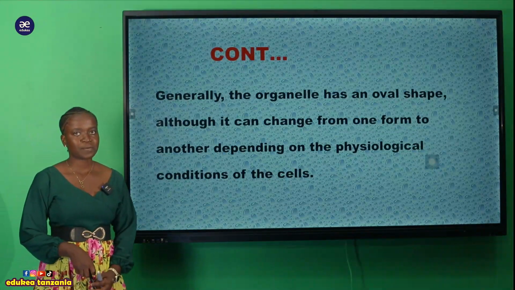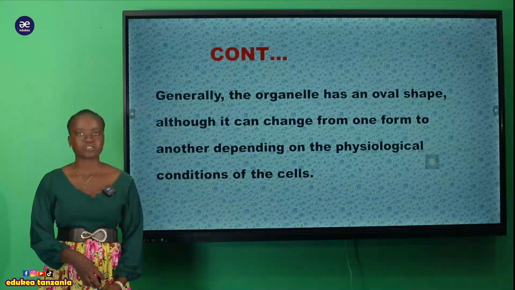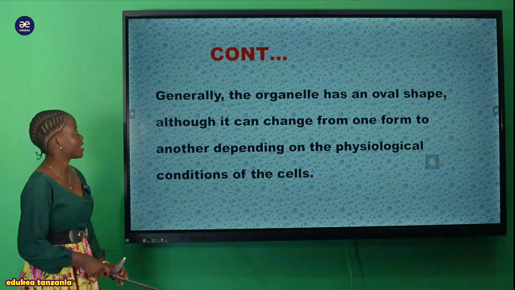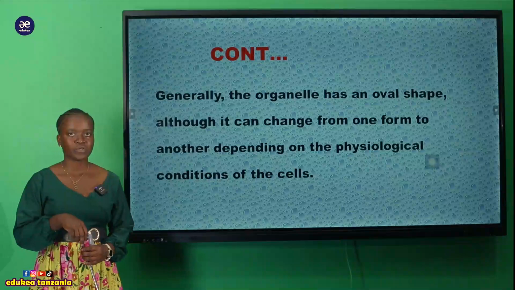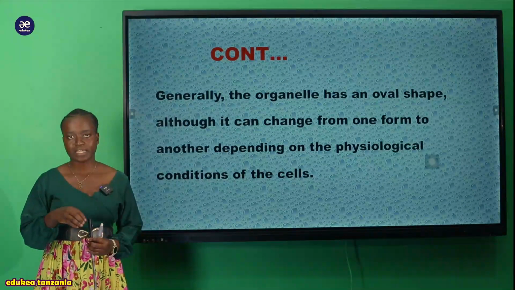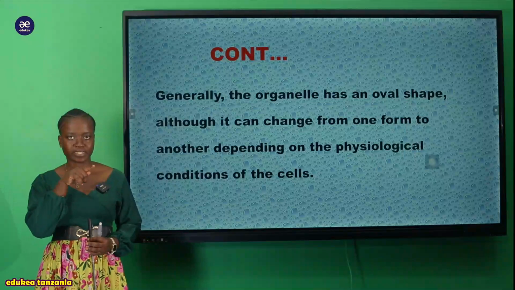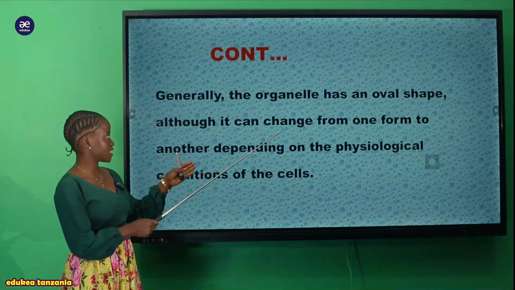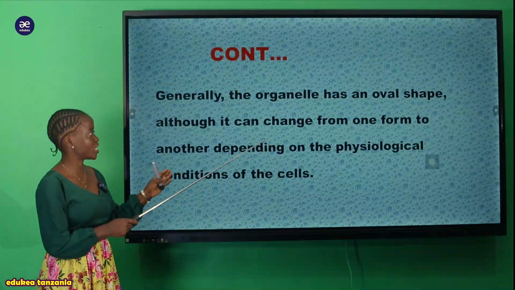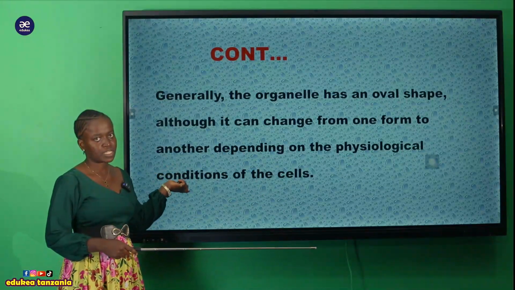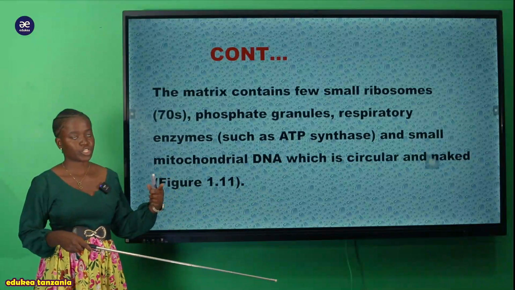So ukiambiwa ueleze sasa structure, tunasema kwamba structure ya hii organelle ni oval shape. I hope you know the shape of an egg. So it's just like that. So ile ina change ile shape.